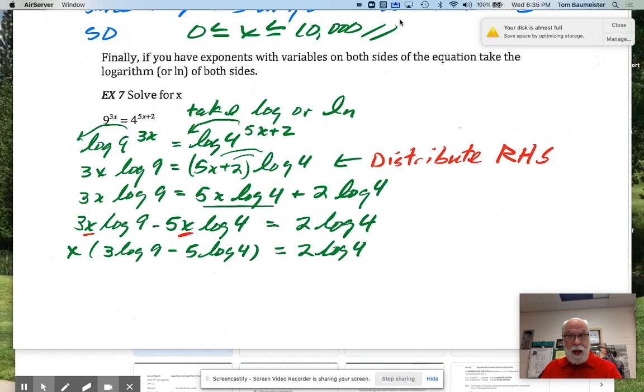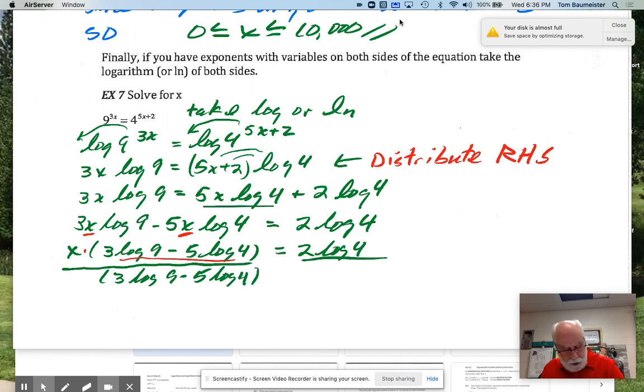Okay, now to get x by itself, remember this is saying x times this whole thing right here. So if I divide both sides by that whole thing there, I'll get x by itself. So I'm going to divide by 3 log 9 minus 5 log 4.